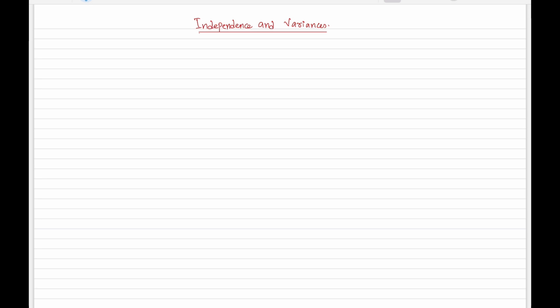So what are the properties that we have already seen? Let's say we have a random variable x, and it is scaled by some constant a. If we want to find the variance of ax, that would be equal to a square times the variance of random variable x. This is the first property.